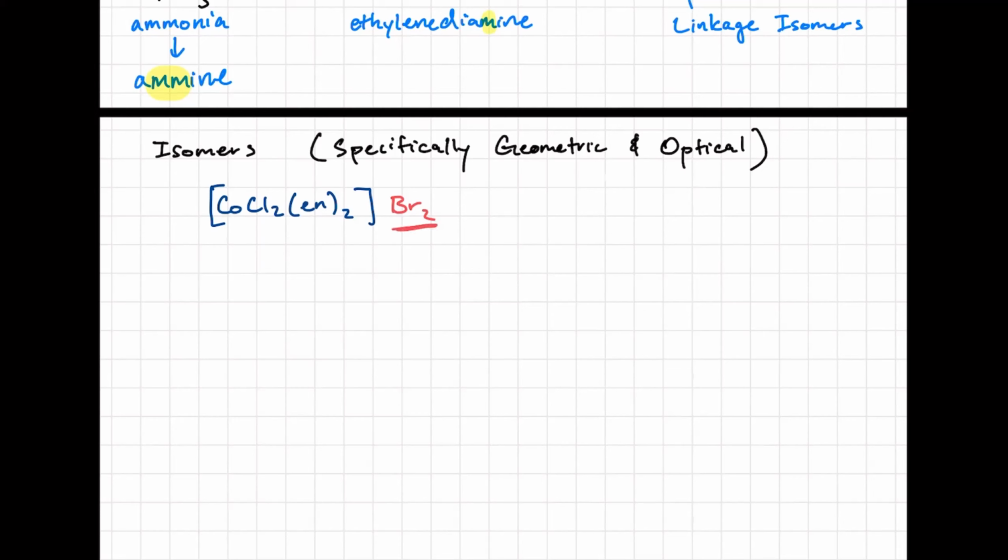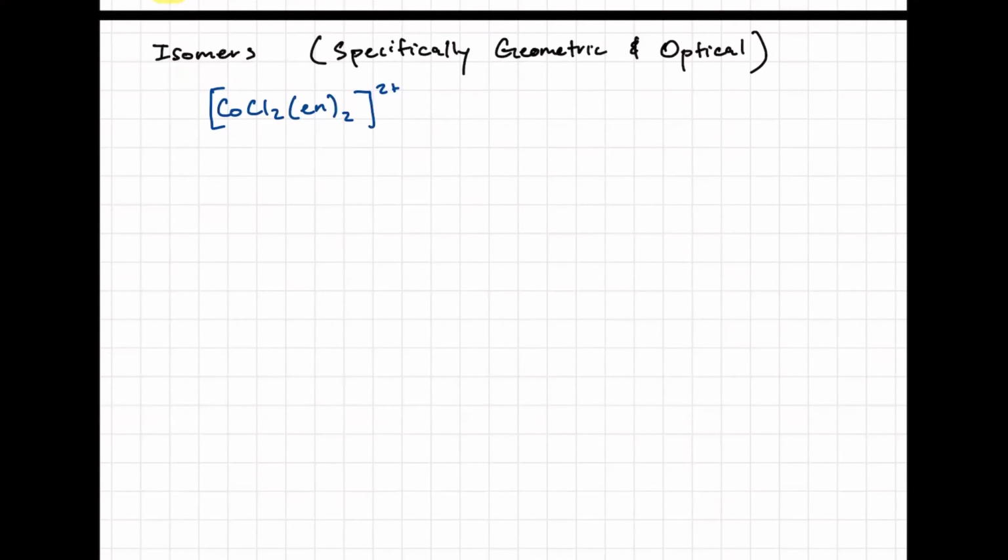In fact, I would even advise you not to draw it. I think it was 2 plus or something. So when we're talking about isomers, it falls into 2 really big categories: geometric and optical. Whenever I hear geometric isomers, I think of cis-trans and fac-mer.